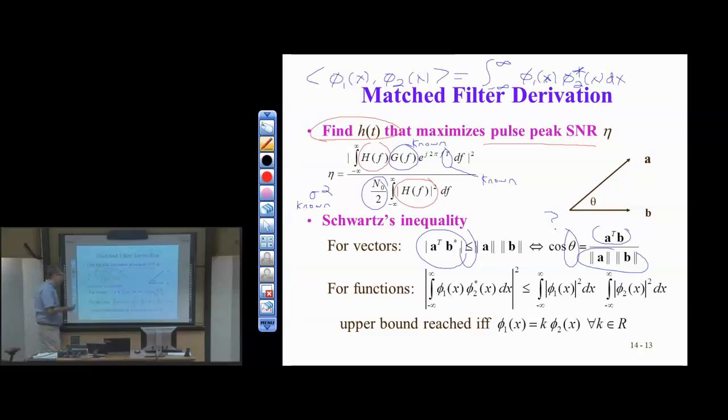So we can replace the same notion of inner products with this notion of an inner product of two functions. So here I have essentially the absolute value squared of the inner product of two functions.